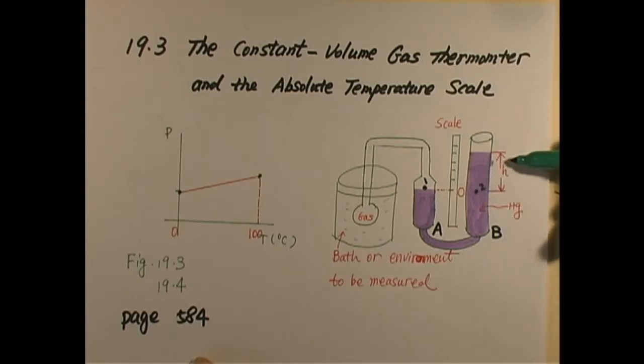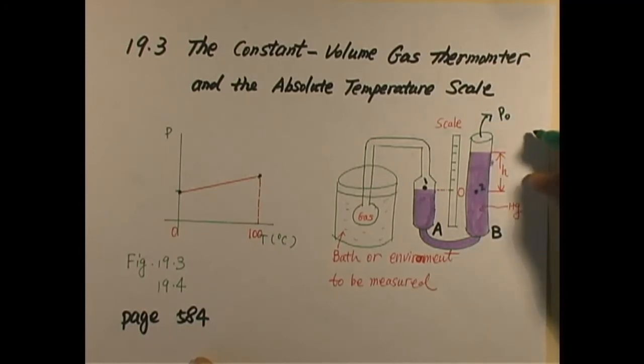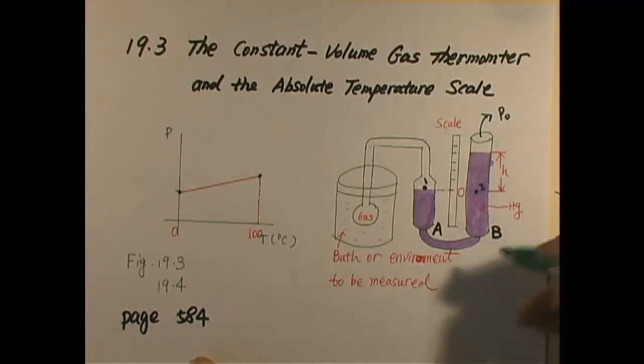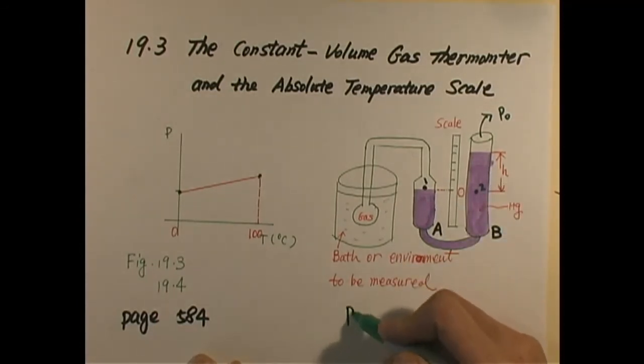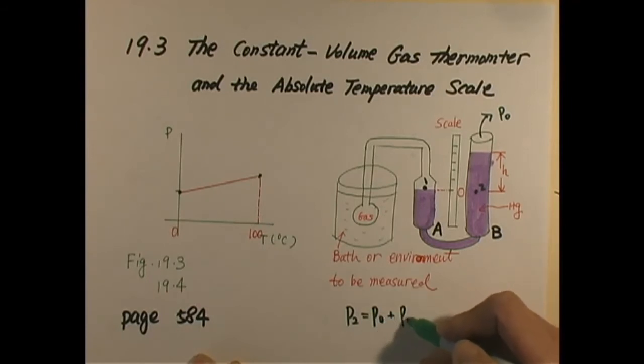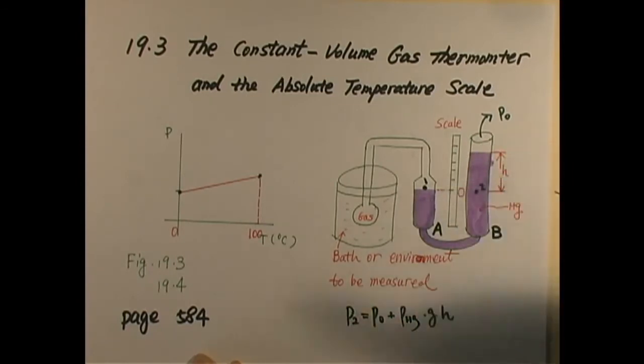If point 2 is exposed to the atmosphere pressure, that is P0, which is 1 atm, then the pressure at point 2, as we learned from the previous case, P2 will equal the surface pressure plus rho, which is the mercury, times g times h. h is the height of the mercury column above point 2.